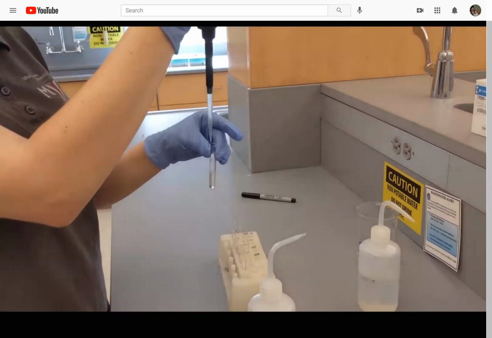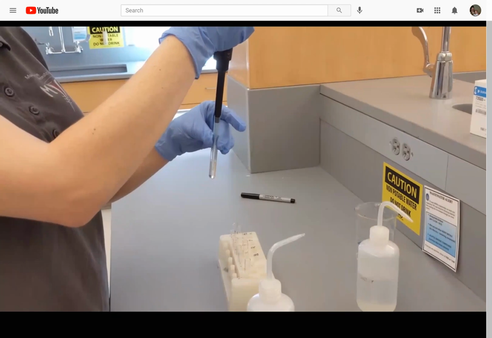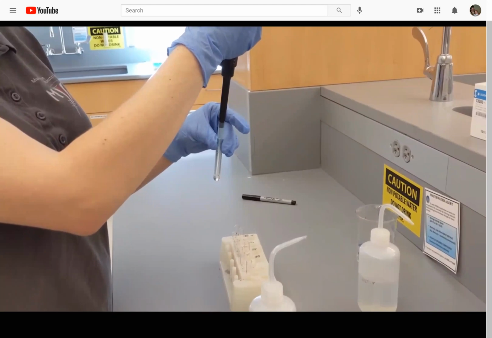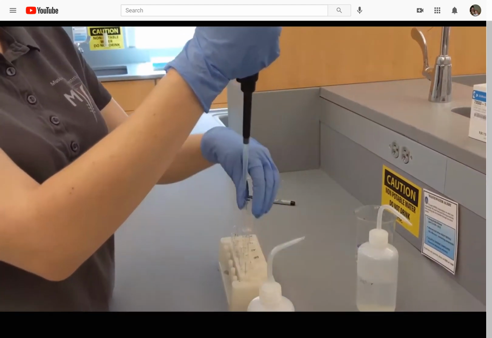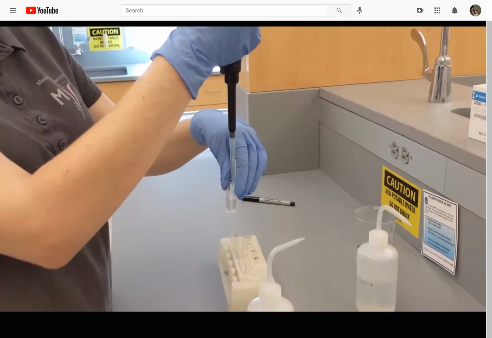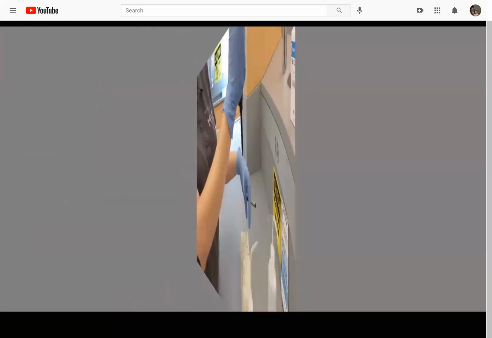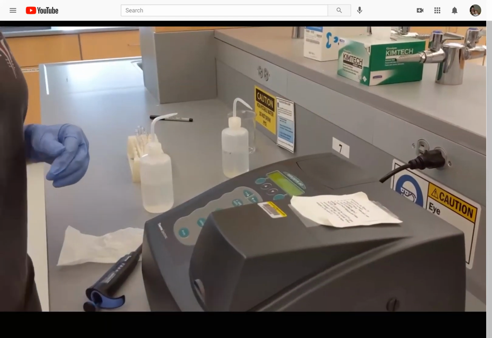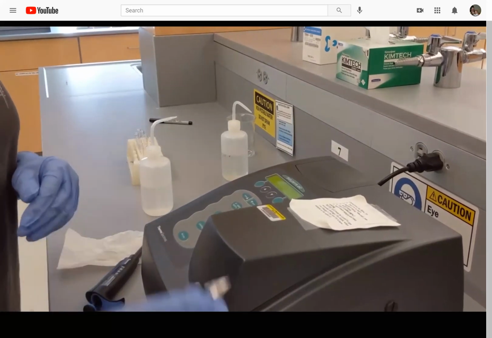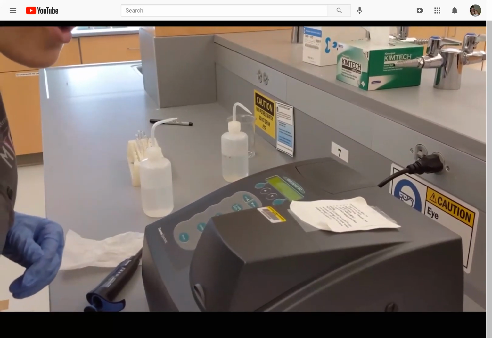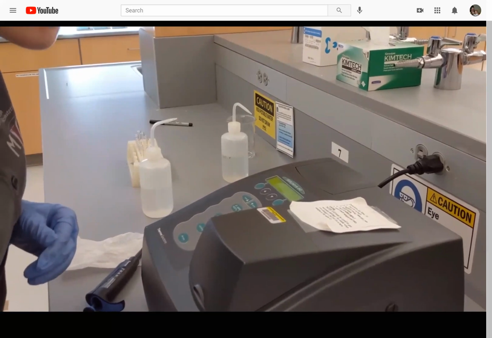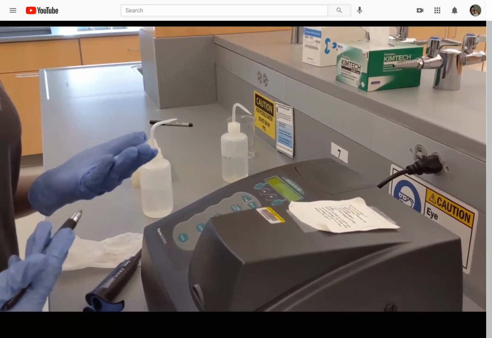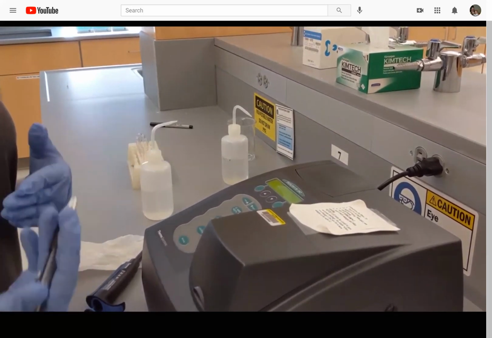All right, I'm now going to take my second least concentrated solution and fill the cuvette. And we are then going to record the absorbance. Now, you notice this absorbance is reading at 0.000, which means that it cannot differentiate between this sample and the DI water.